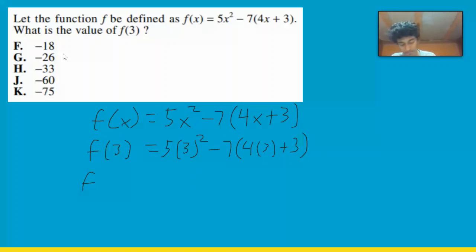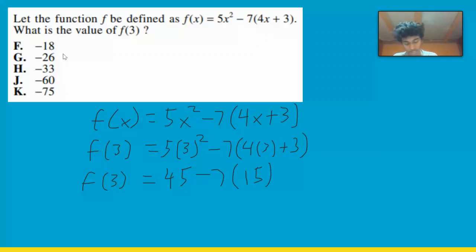So f of 3 is equal to 5 times 3 squared, that's just 45, minus 7 times 4 times 3 plus 3, which is just 105.